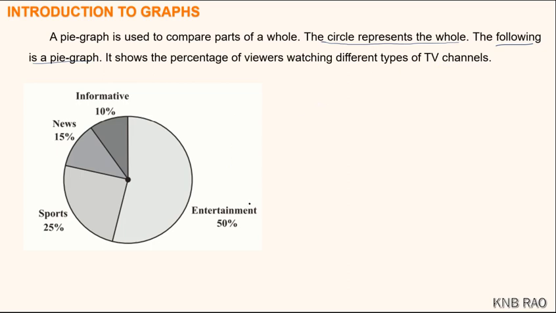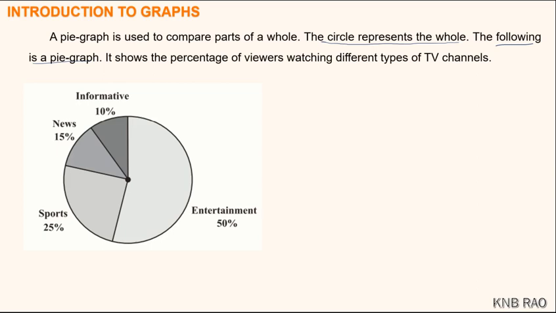In a locality, 50% entertainment channels were watched, 10% informative channels were watched, 15% news channels were watched, and 25% sports channels were watched by that locality. Now, this is how we read a pie graph.